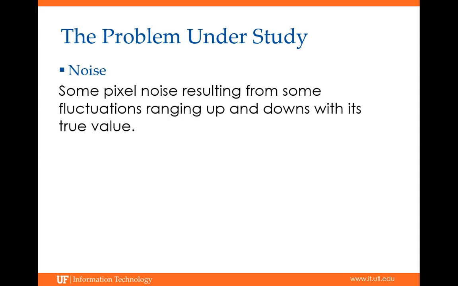image processing. Once I get an image, I need to deal with the noise in the picture, because there is some pixel noise resulting from fluctuations ranging up and down around the true value. This fluctuation caused the noise.